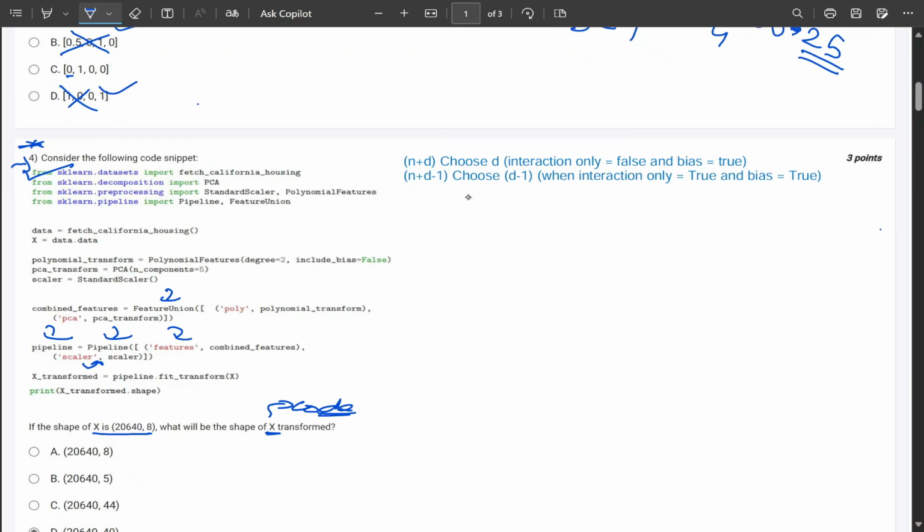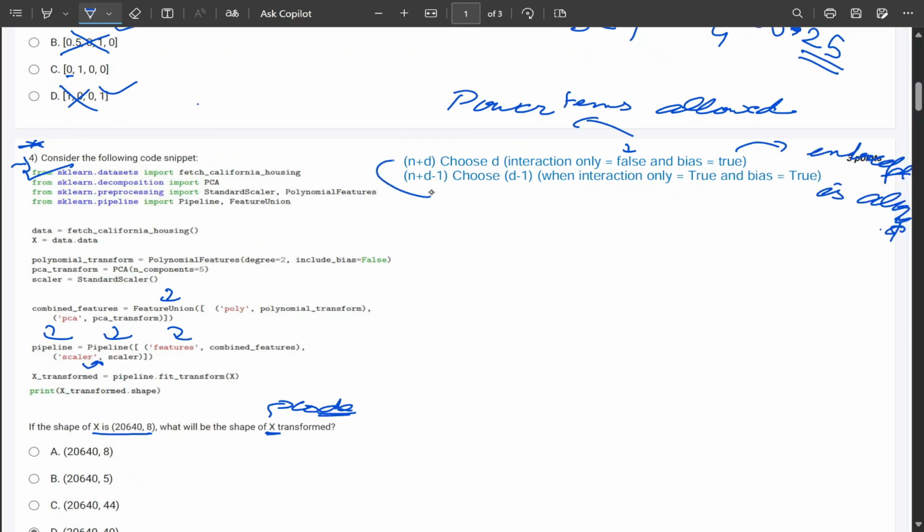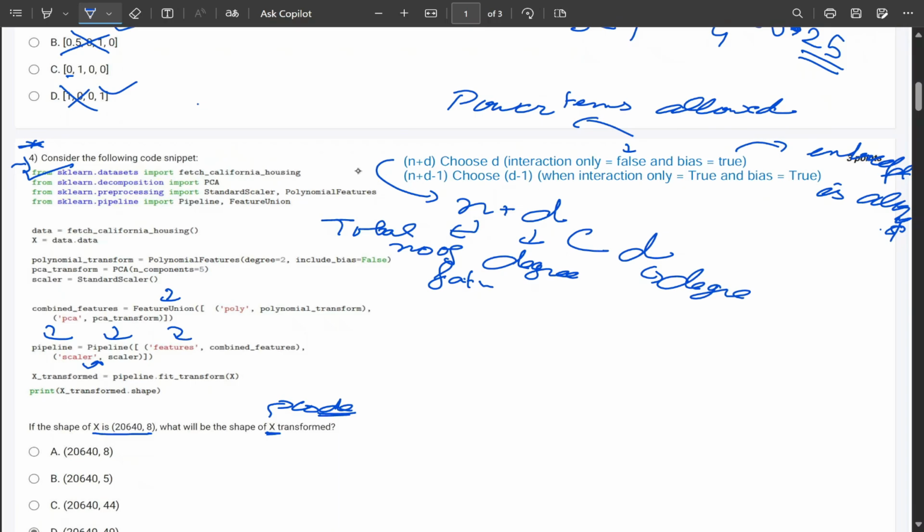If you have interaction only is false, that means power terms are allowed, and bias is true, that means intercept is allowed, then you have this formula: n plus d choose d, where n is the total number of original features, d is your degree. So that is the thing for this first case. If there is a second case where interaction only is true, that means no power terms allowed, only multiplication terms allowed. Okay. And your bias is again true, that means intercept is true.